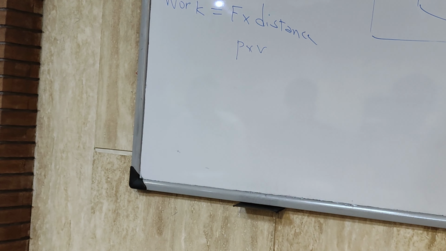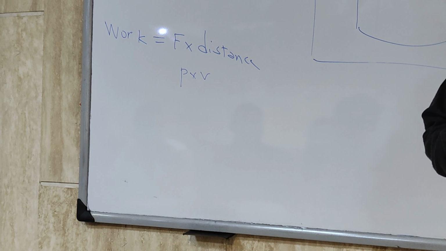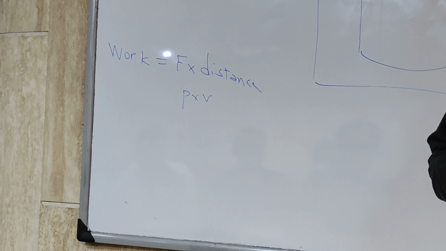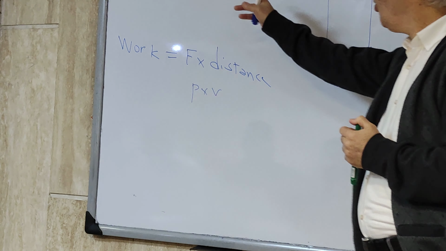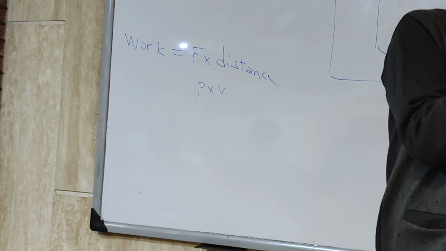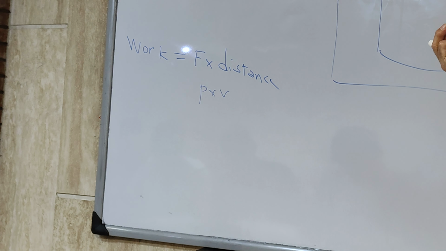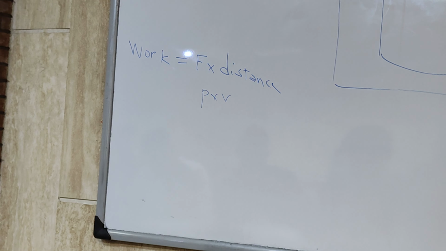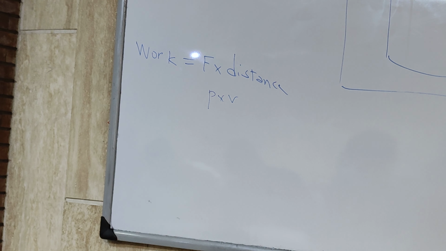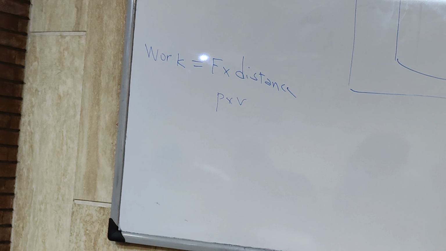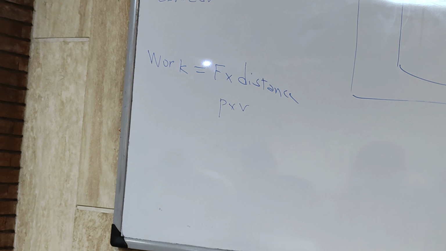Now we want to see how we can measure the stroke work. Stroke work means the amount of work that is done for each heartbeat. It is called the stroke work output.